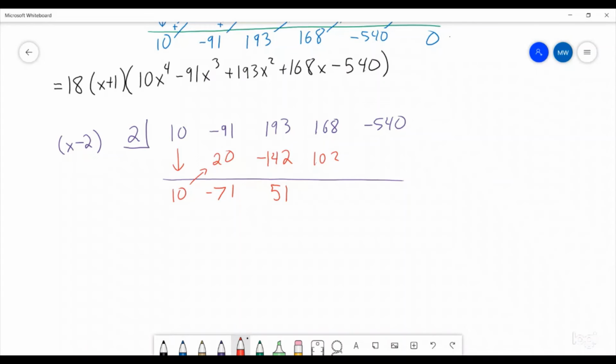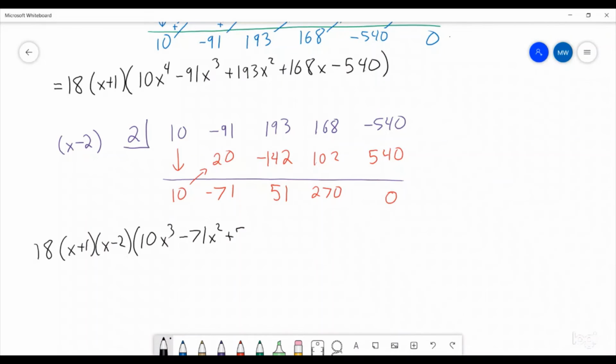That gives us 270 times 2 is 540, which goes to 0, which means that we can now factor out that term too. So it's 18 times x plus 1 times x minus 2 times 10x cubed minus 71x squared plus 51x plus 270. And then we're just going to keep going through this process over and over until we've gotten it down as far as we can go with this.